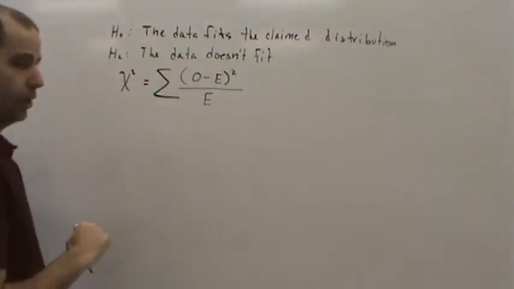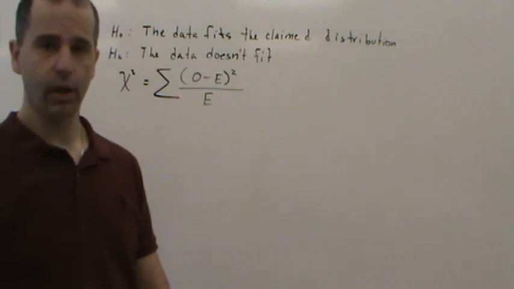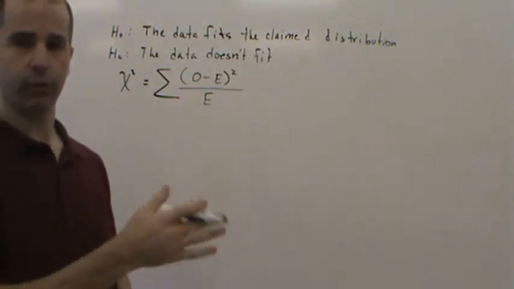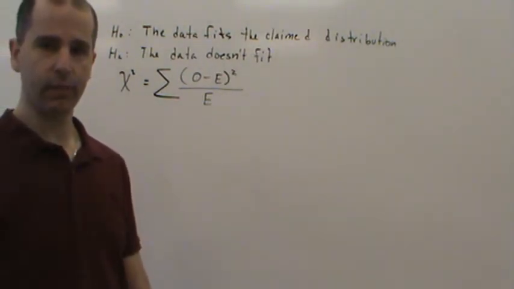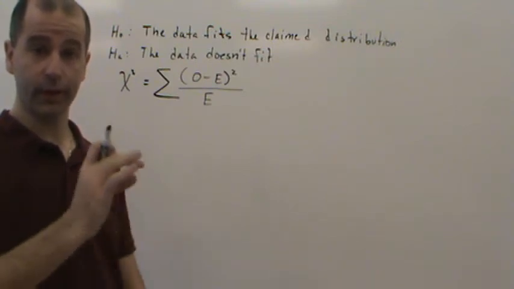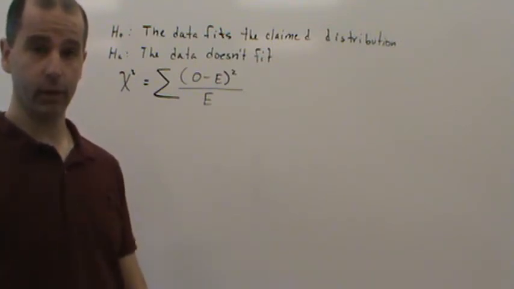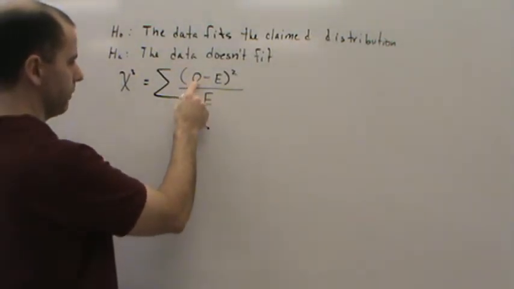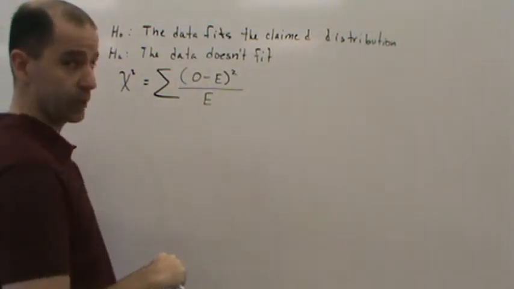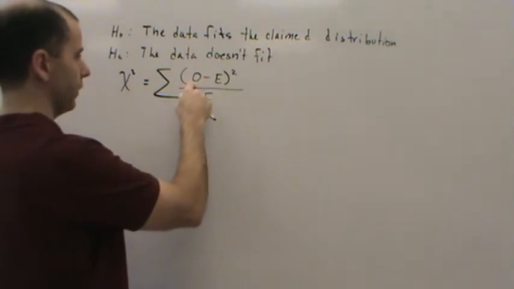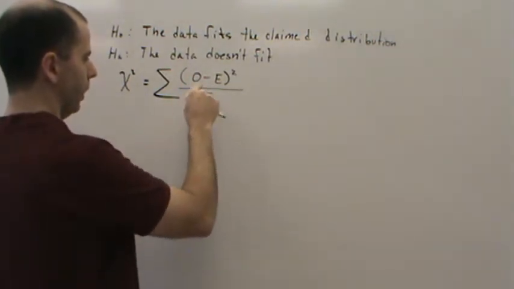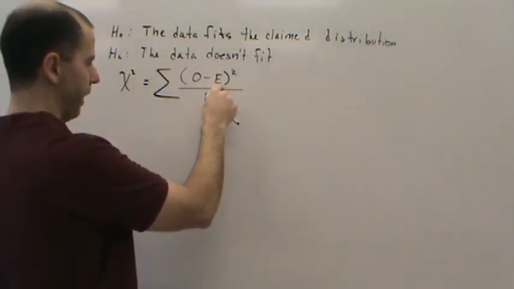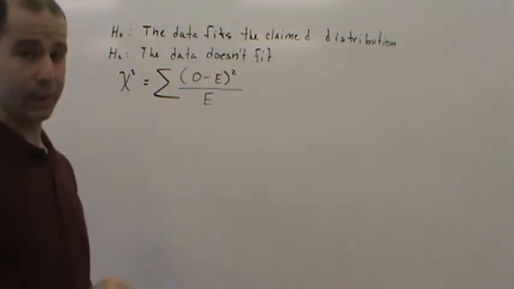Again, there are different categories that we're going to look at, because if we look at a frequency distribution, it's for different categories of a random variable. In this case, we're going to take the observed value. That's what O stands for, the observed value that we're given, which comes from the data, minus the expected value. Well, what's the expected value?